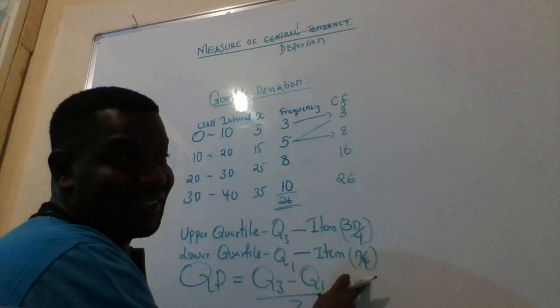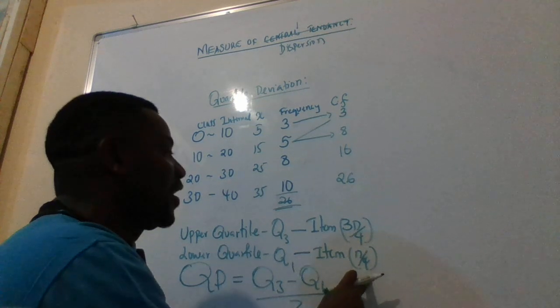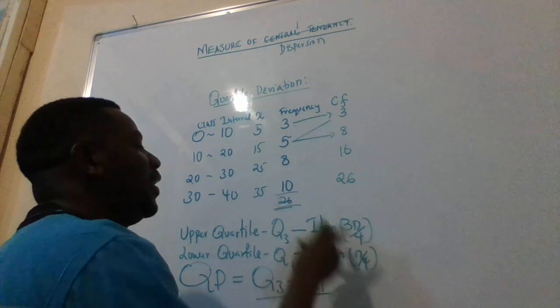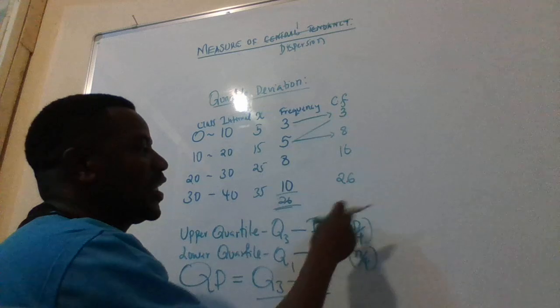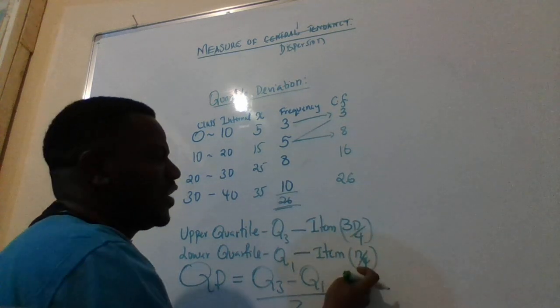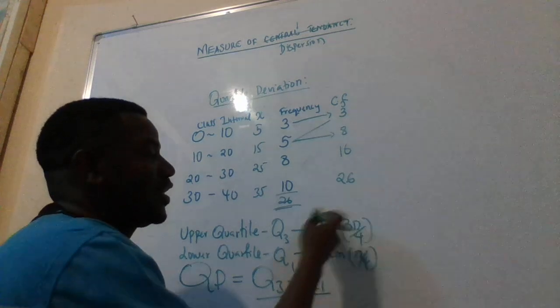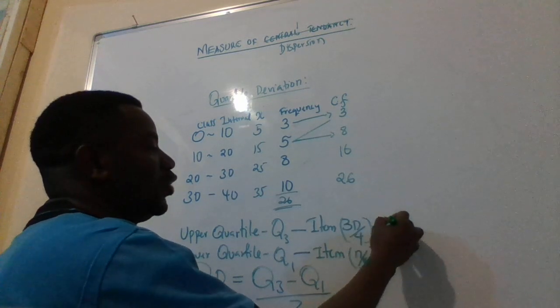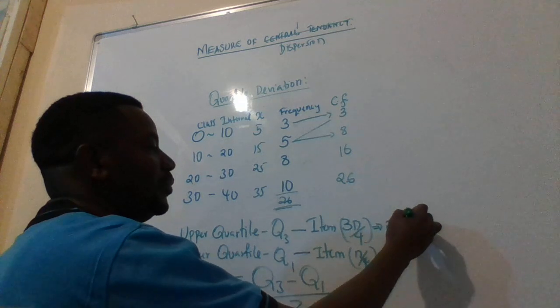That is nearly 7, or 6 point something. Yeah, 6.5, let me say so. Then Q3 is 3n, so 3 times 26 divided by 4. If I have 6.5, which I can say is 7, times 3, the item here is the 21st item.